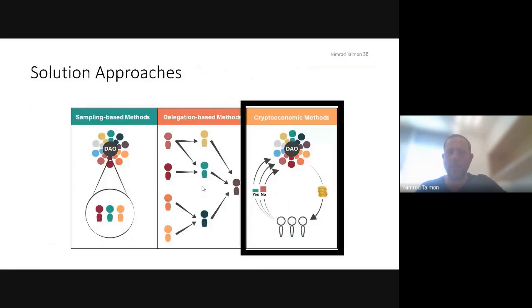So this is yet another solution approach. And the last one that I wanted to mention is the crypto-economic method, or basically social choice with money. And the idea here is to use economic incentives to improve the quality of decision making of the community. One very simple way to do this is the following. When a proposal comes to the community, let's say this is a binary proposal.